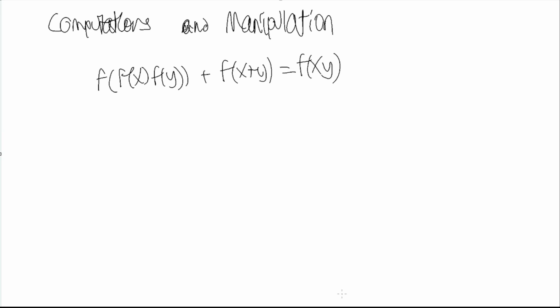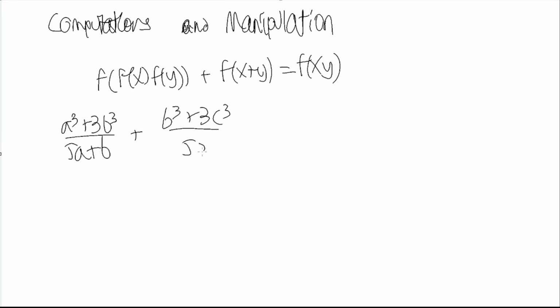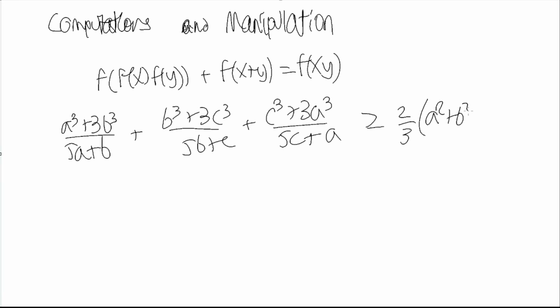And it could also be in the form of an inequality, for example, this one here: (a^3 + 3b^3)/(5a + b) + (b^3 + 3c^3)/(5b + c) + (c^3 + 3a^3)/(5c + a) ≥ (2/3)(a^2 + b^2 + c^2). Anyways, the point is that these computations and manipulations can always disguise themselves in these forms.